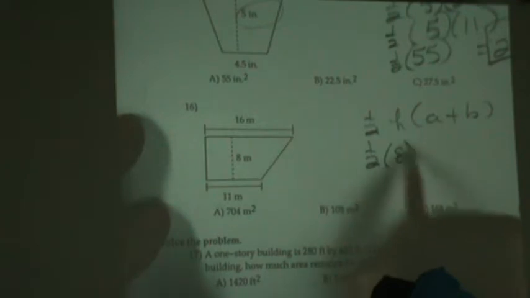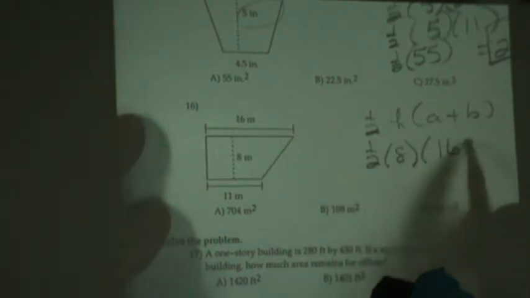Yep. Okay, same thing with this. 1/2 height times A plus B. 1/2 height, top plus the bottom. So that's 27 there. So you have 0.5 times 8 times 27. That's 108. What's the units? Square meters.